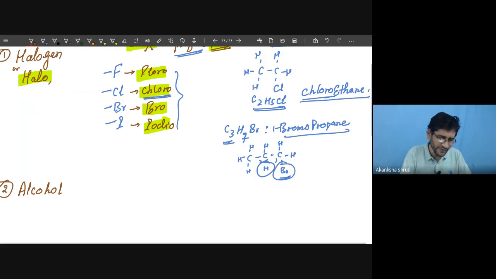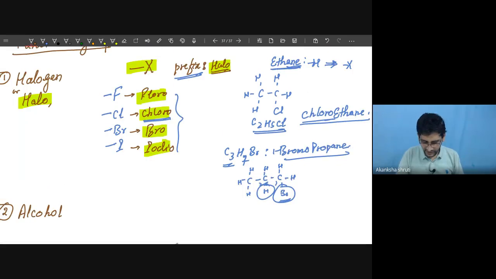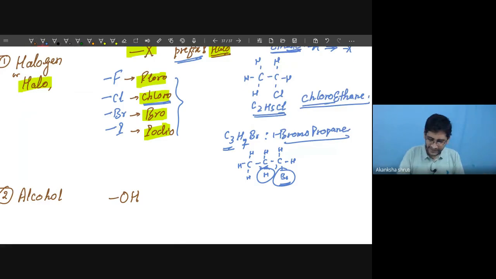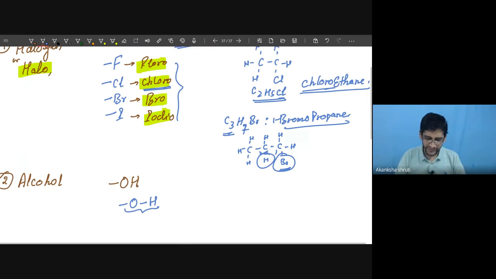For the alcohol group, the carbon compound must contain the group OH, means OH as one of the units must be present there. How is this OH? In many places it is also written as O bond H. It is also okay. Means between O and H, again the covalent bond is there.